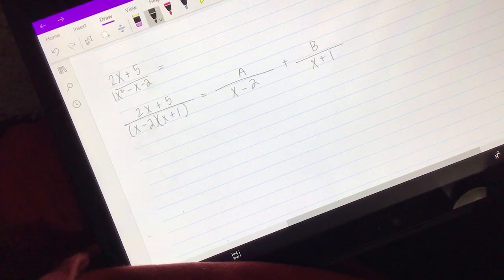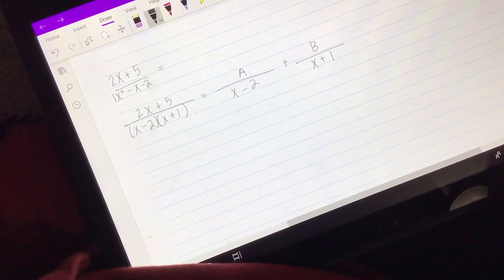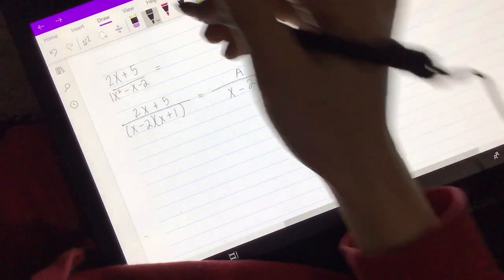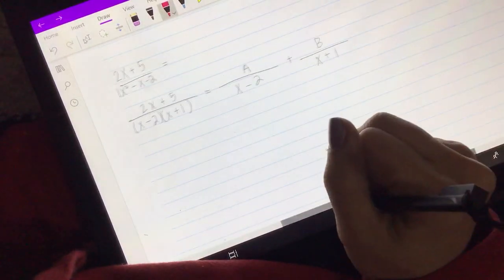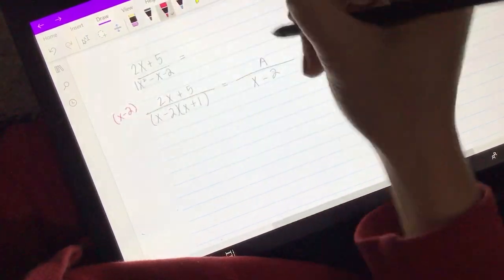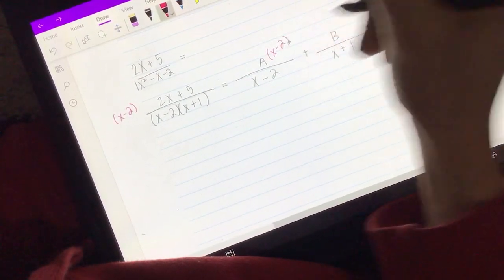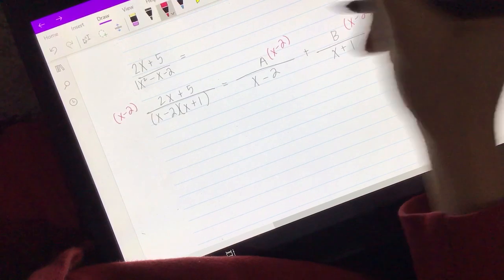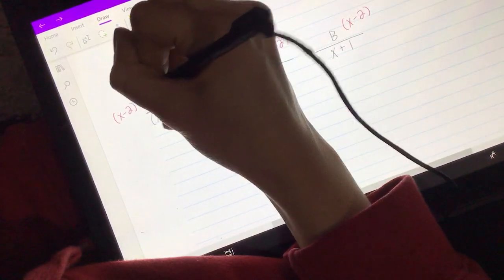Next, we're going to solve this as a rational equation. So the first step is to get rid of the denominators by multiplying by any factor we see. So we need to multiply every term by x minus 2, and we need to multiply every term by x plus 1.